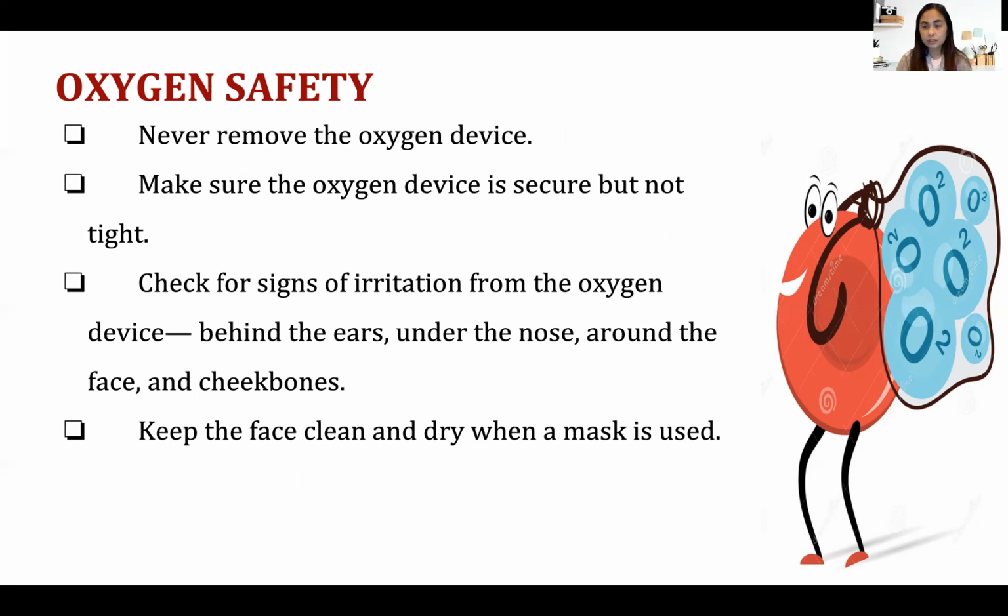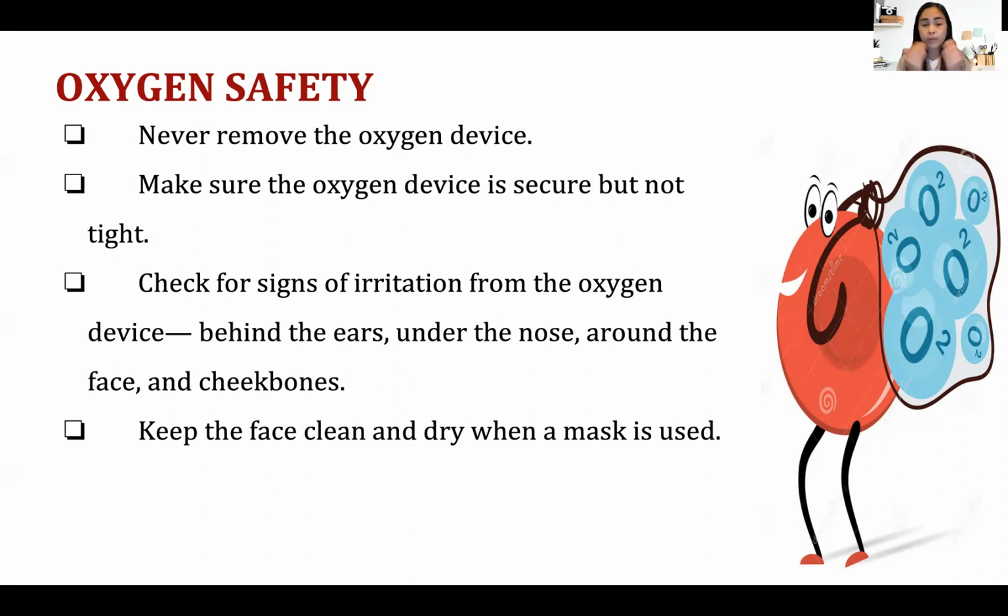If your patient is connected to oxygen at the bedside and wants to go to the washroom, get a portable oxygen and connect the oxygen device to the portable oxygen, because the patient might have difficulty breathing while walking or going to the washroom. Check for signs of irritation from the oxygen device.